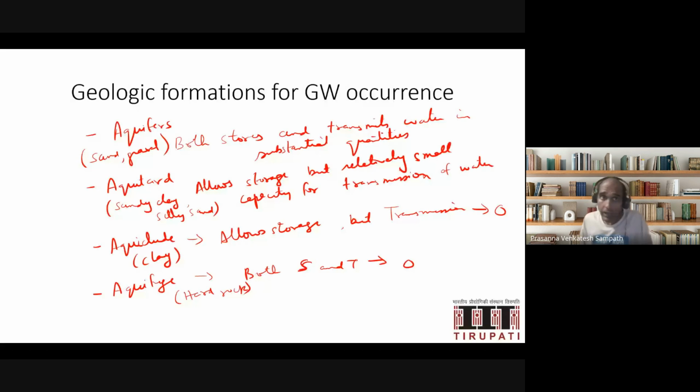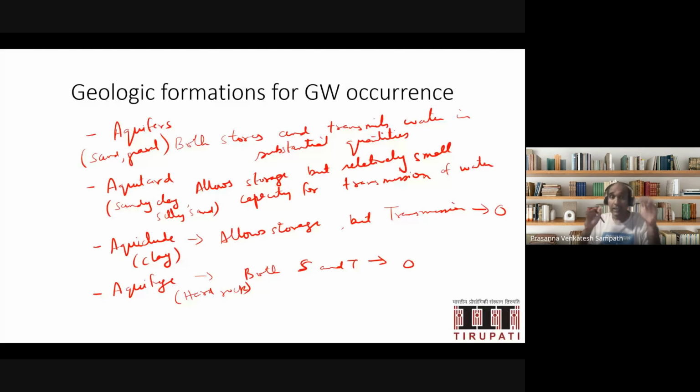Okay, so you have the aquifer, which allows both the storing and transmission of water in substantial quantities. Aquitard, which allows storage but has relatively small transmission. Now this relatively is relative to aquifer. Aquiclude allows storage again, but transmission is not relatively small, it is close to zero, almost zero.